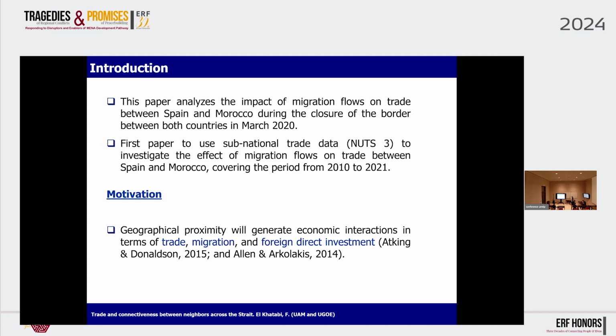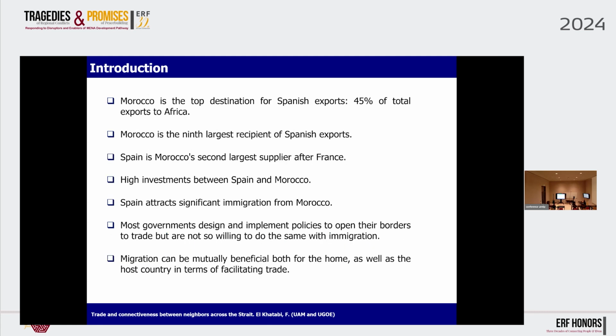The relationship between Spain and Morocco has been characterized by different and cyclical disputes, but in recent years both countries have a great relationship, and they signed in 1991 the Treaty of Friendship and Good Neighborliness, which is great being neighbors. So the economic interaction that I mentioned before has been really great, especially in the last decades.